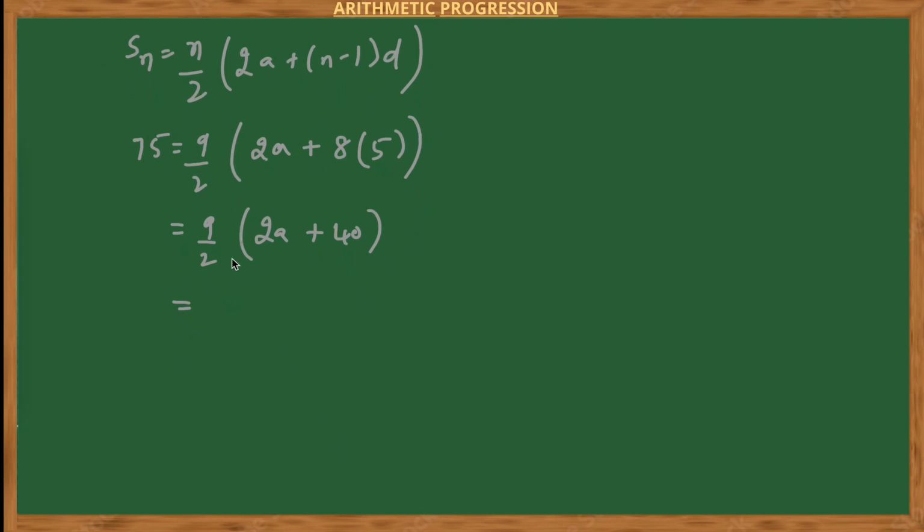Let's multiply 9 by 2 with this, so the 2 gets cancelled: 9a plus 9 into 40. 2 ones are 2, 20 into 9 is 180, so 75.